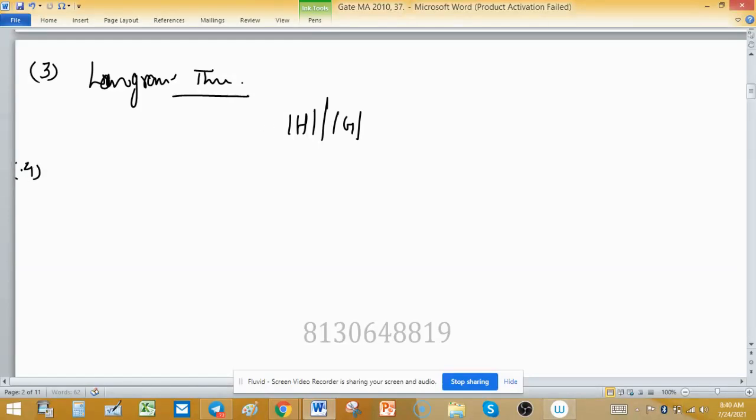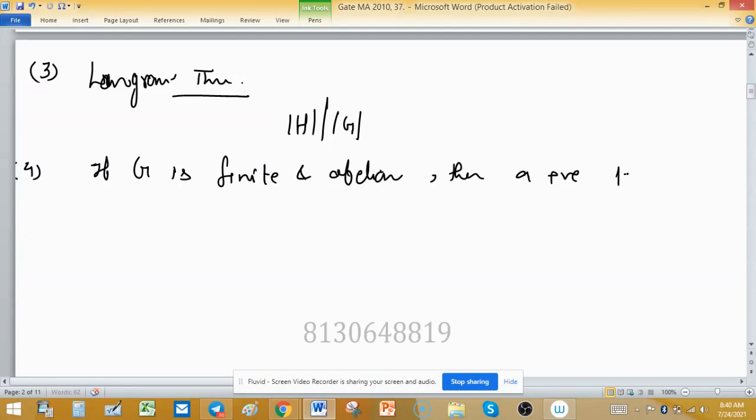And fact 4 is, if G is a finite abelian group, then for a positive integer k which divides the order of G, G contains a subgroup of order k.